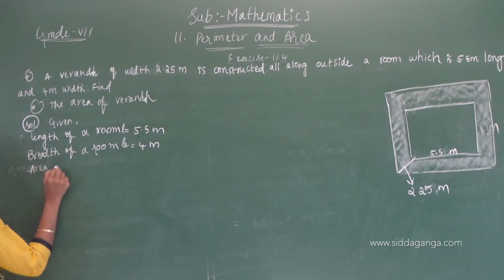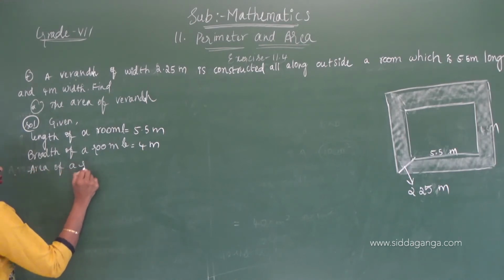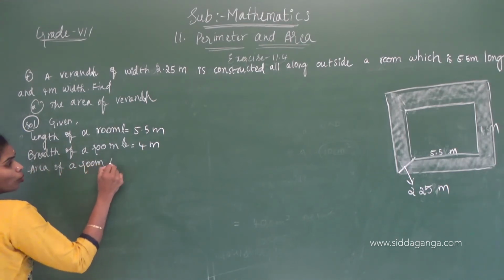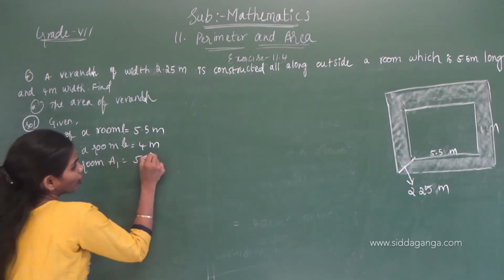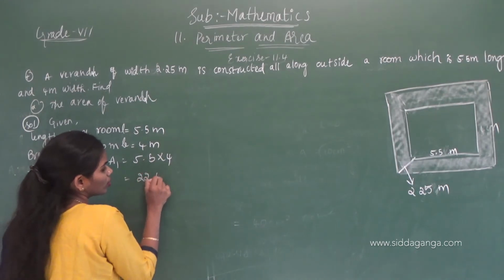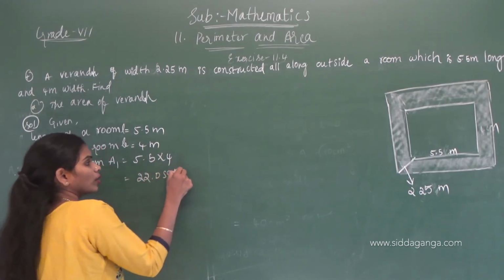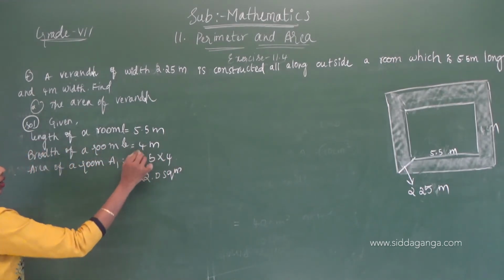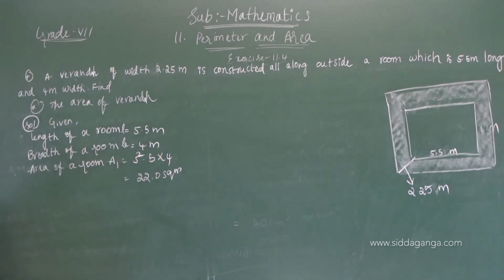Area of the room, A1 equals 5.5 into 4, that is 22 square meters.